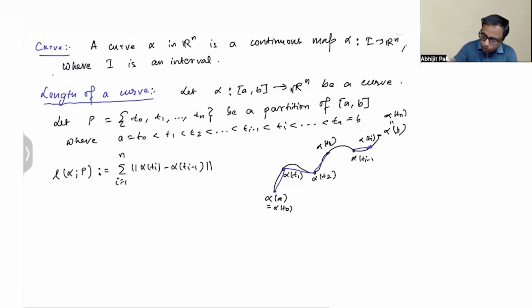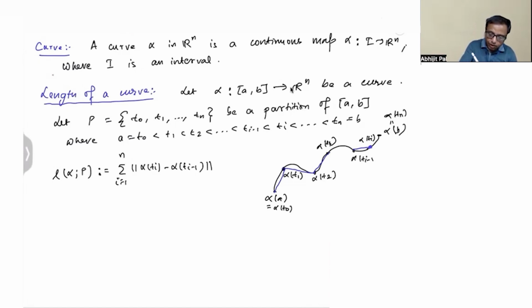So we have this concatenation of straight lines, and we are taking the length of that concatenation. Now we are going to vary this partition. The length of the curve alpha will be approximated by the length of the concatenated straight lines.